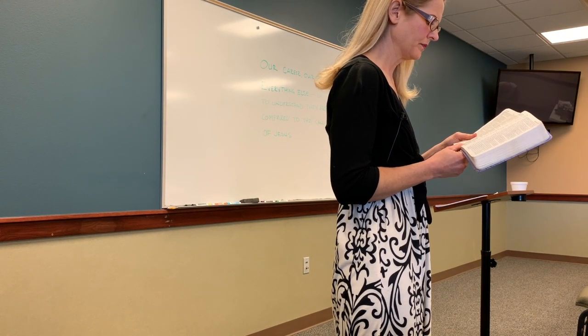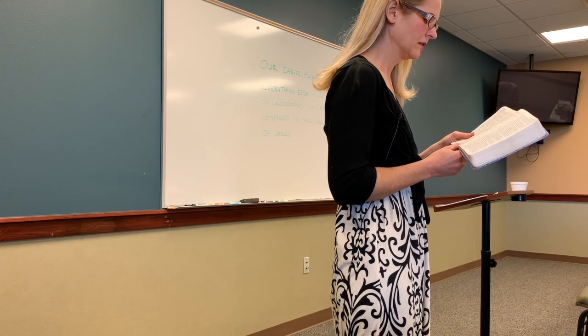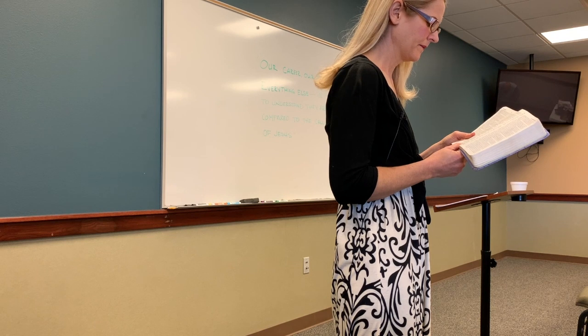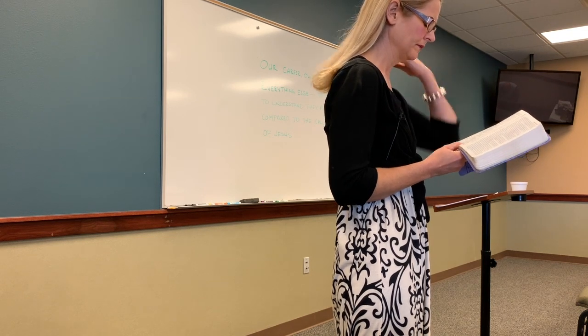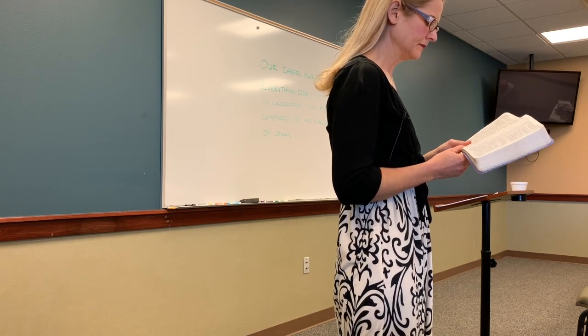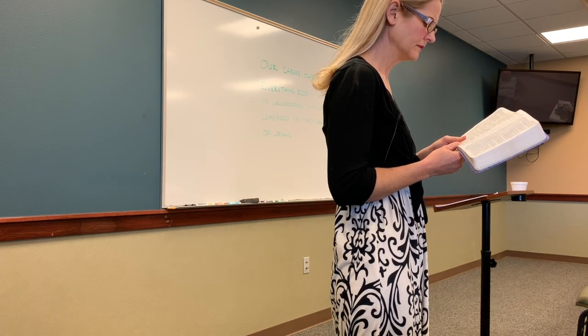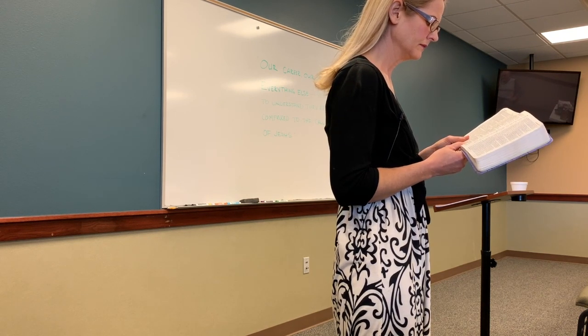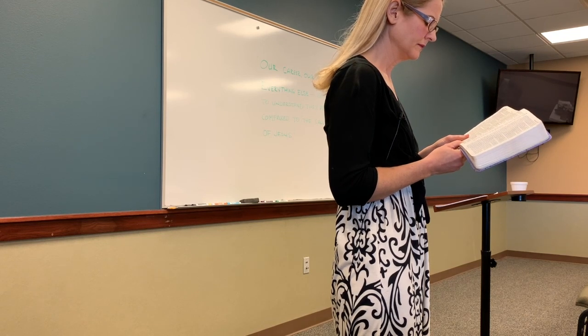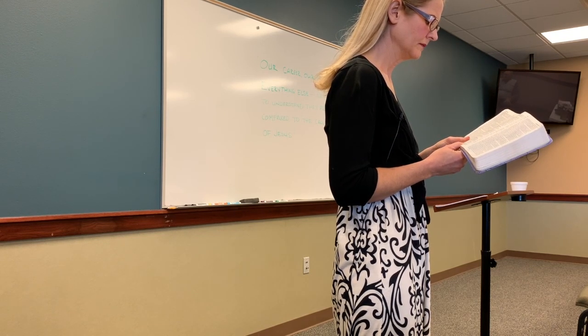Seven times will pass by for you until you acknowledge that the Most High is sovereign over the kingdoms of men and gives them to anyone he wishes. The command to leave the stump of the tree with its roots means that your kingdom will be restored to you when you acknowledge that heaven rules.